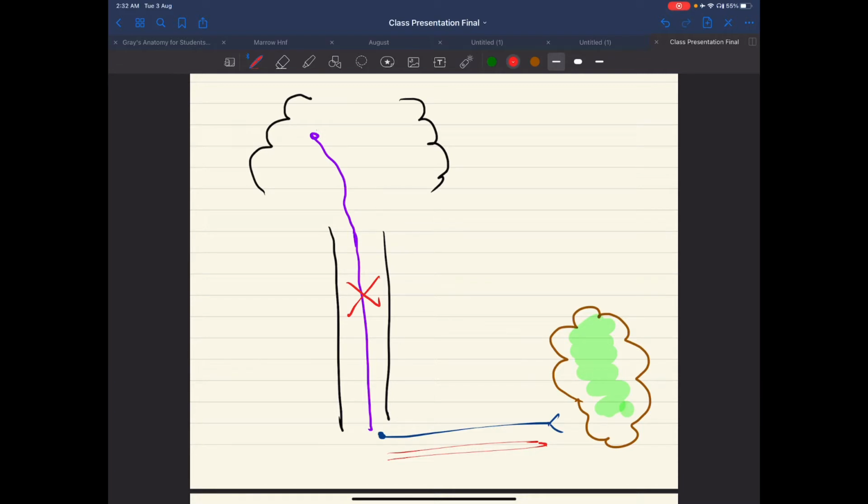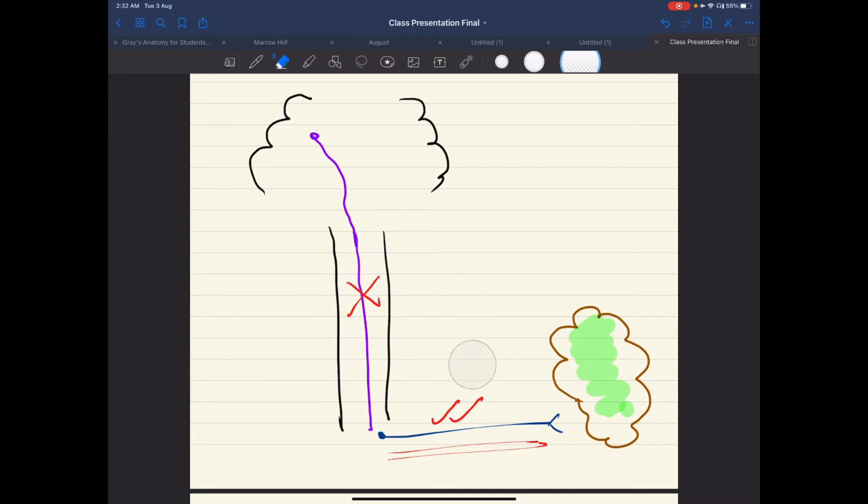This will lead to an overstimulation of the lower motor neuron, which will then cause rapid spasm in the muscle, which will thus lead to a paralysis called spastic paralysis. In these kinds of situations, the Babinski reflex is positive.